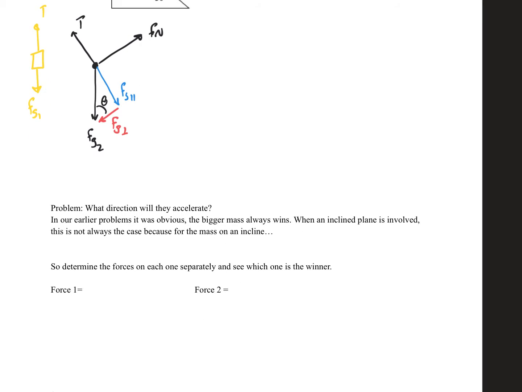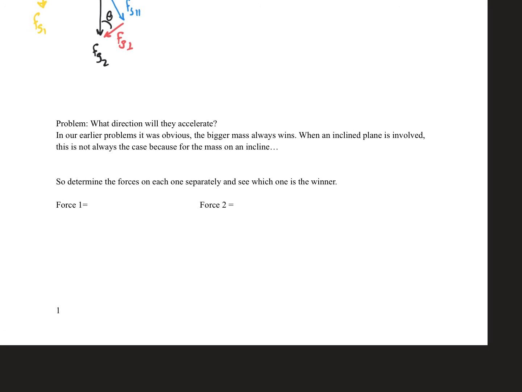So let's go down to the bottom notes here. Which way will they accelerate? In the earlier problems it was pretty obvious: the bigger mass wins, so it accelerates toward that side. But in this one, that's not always the case. We have a block hanging here and a block sitting on the incline.